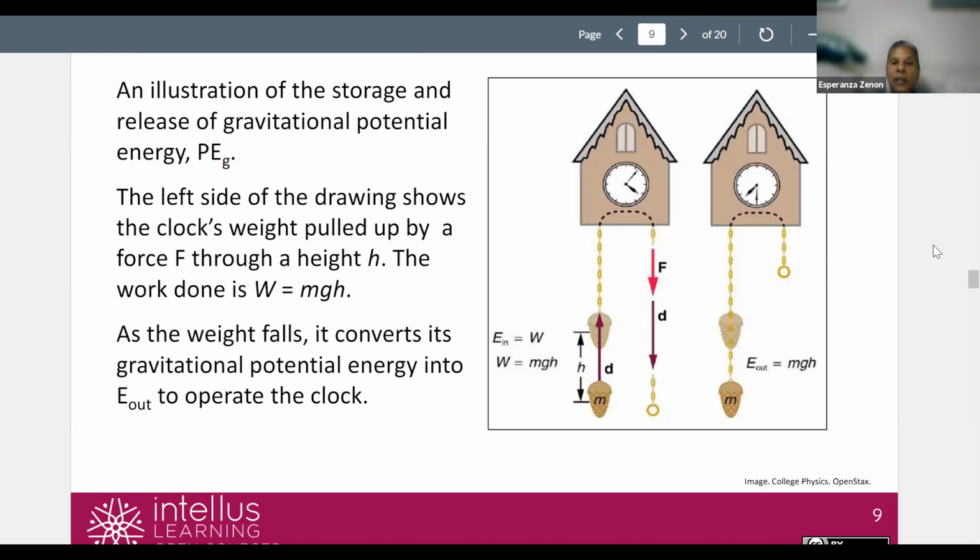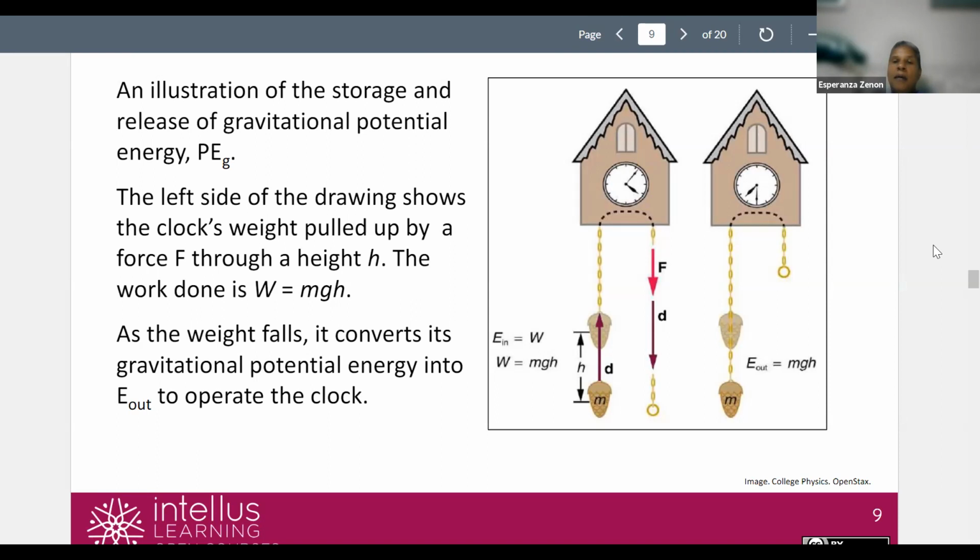So we know that the force applied is the weight of the bob, mg, and the distance that it moves is h. So the work done is mgh. And let's say you pull that chain and move the bob up a certain height. If you release the chain, the bob falls through the same height, h.